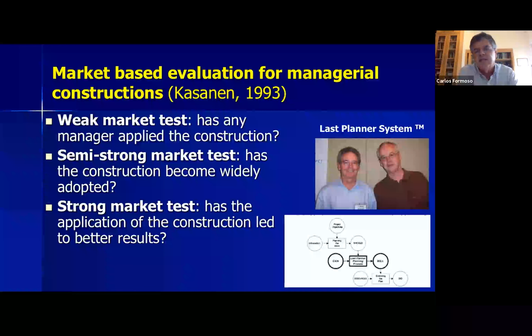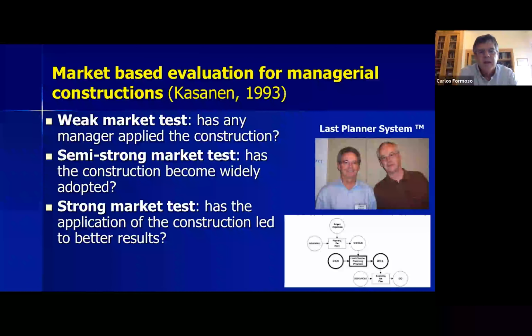It was developed in the early 90s, and now it's used in many different countries. In Brazil, it is widely used, in Chile, in Korea, in Scandinavian countries, UK, United States, Colombia, South Africa. So this is a very strong, although it's called semi-strong, I find that good evidence that this planning and control model works well.